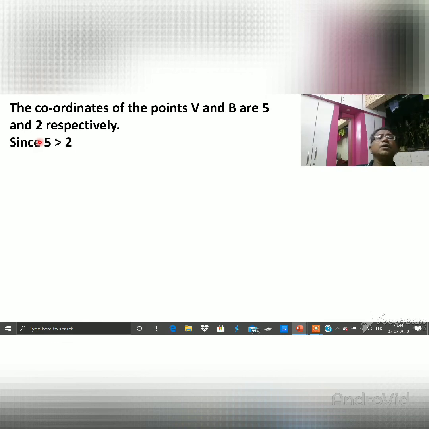So we can write 5 is greater than 2. Subtract the smaller number from the bigger number, then you get the distance. So the distance V comma B is equal to 5 minus 2, which is 3. Do you understand? Here it is written: distance V comma B is equal to 3.